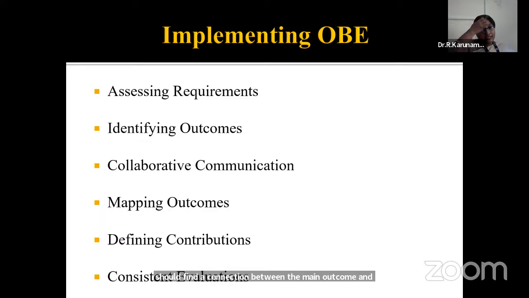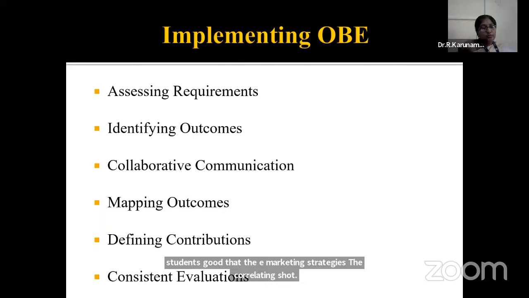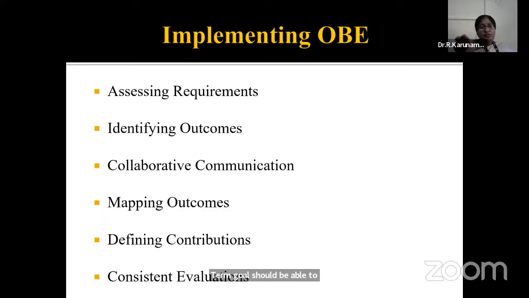For example, if the main outcome of the institution in the particular program is to make the students good at e-marketing strategies, the correlating short-term goal should be able to measure the time and effort the student has to spend on mastering the e-marketing strategies during the particular course period.